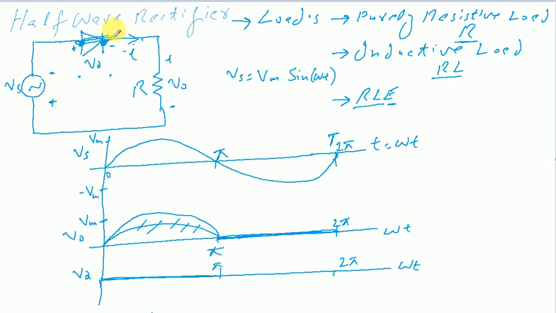Since there is no flow of current through this path, effectively all this voltage appearing from the source will be present across the diode, because no voltage is dropping across any other component. The total voltage applied by this source during the negative half cycle will be applied across this diode.